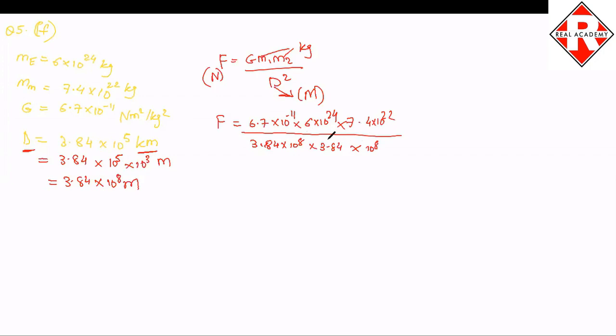Now you can see there's so much calculation. It is going to be a very lengthy calculation, okay? So take all the tens together and all the other values together. So 6.7 into 6 into 7.4 upon 3.84 into 3.84, and 10 raised to minus 11, 10 raised to 24, 10 raised to 22 upon 10 raised to 8 into 10 raised to 8.